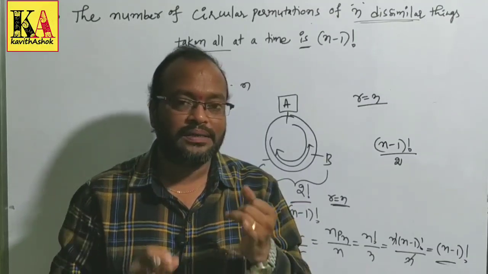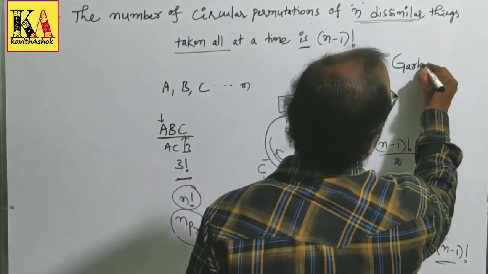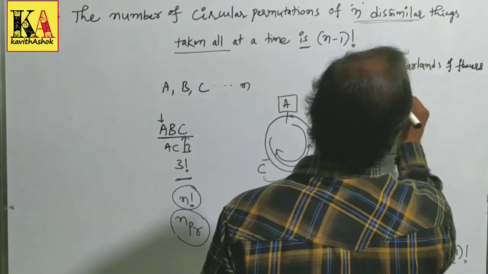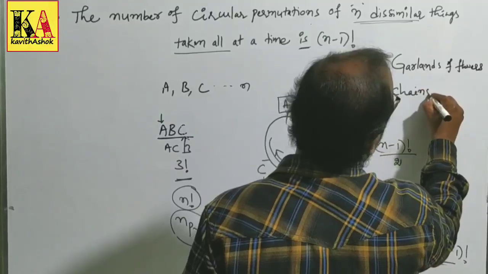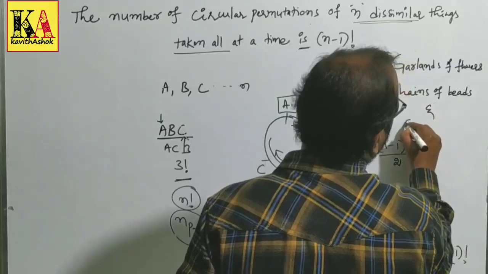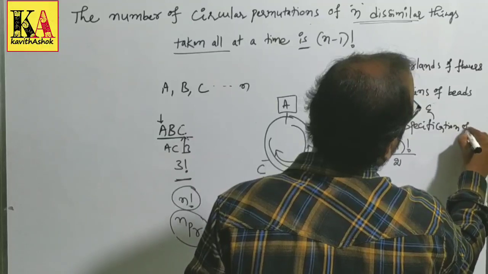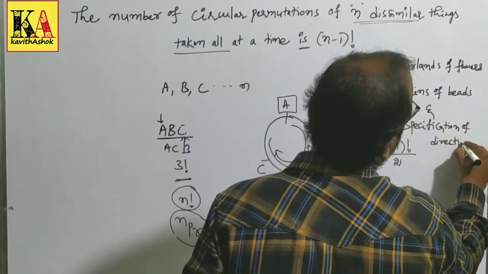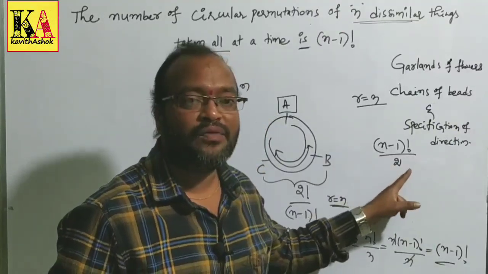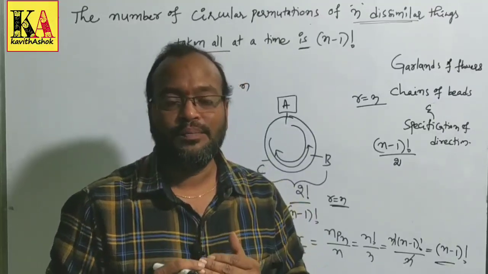If garlands of flowers, chains of beads, and specification of direction is given, simply instead of taking n minus 1 factorial, we can take n minus 1 factorial by 2. Now we will discuss circular permutations in detail.